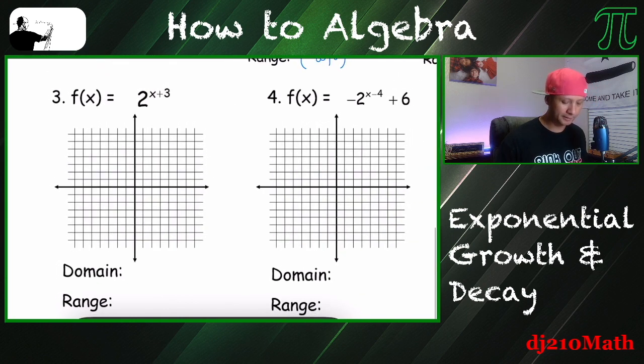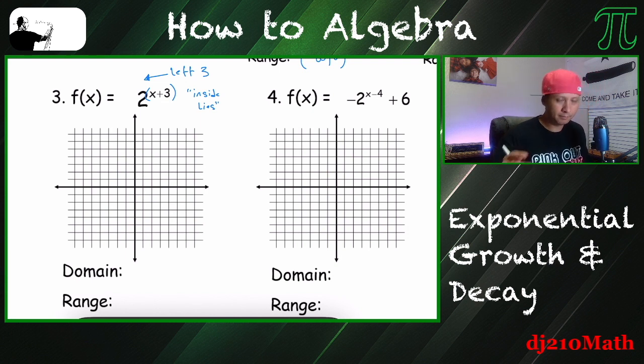All right, 2^(x plus 3). So this x plus 3 business, this is going to shift it to the left 3. If you remember, anything next to the x, the inside lies. It's always opposite of what you think.